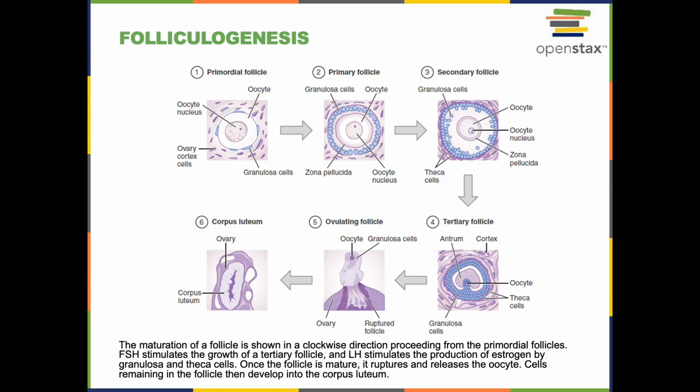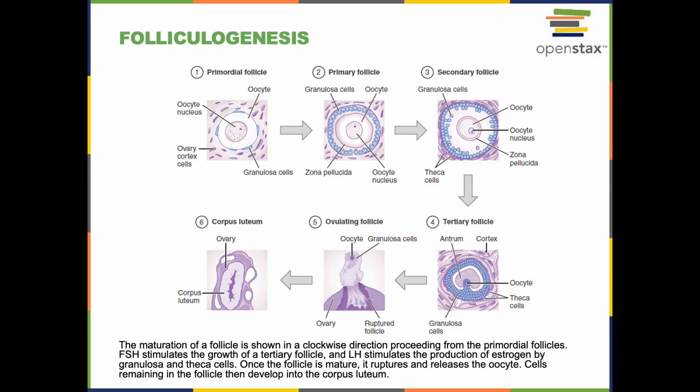Then as the granulosa cells continue to divide, the follicle starts to grow into multiple layers of cells, and an outer layer of connective tissue forms with cells in it known as theca cells.